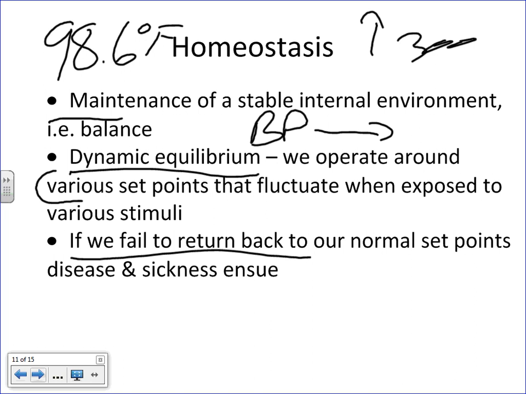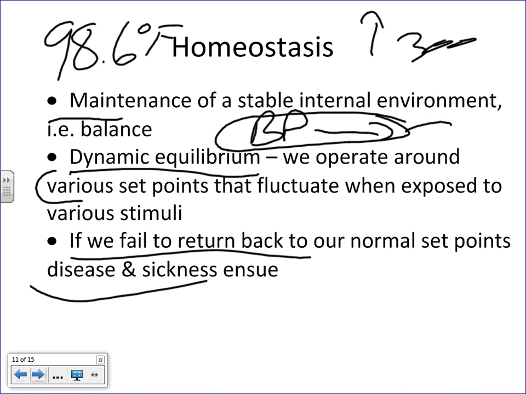And we do have mechanisms that help us compensate for rises in blood pressure, but if those mechanisms aren't good enough, or if they start to fail and our blood pressure remains high, that's a disease. That's hypertension, high blood pressure, okay? So as a result, if we are unable to return back to these set points on our own, that's where medical intervention comes in. That's when you hear about people taking high blood pressure medications. That's where we need help, okay, to get our physiology back to normal.